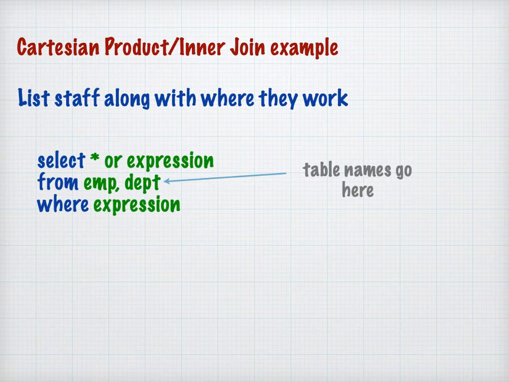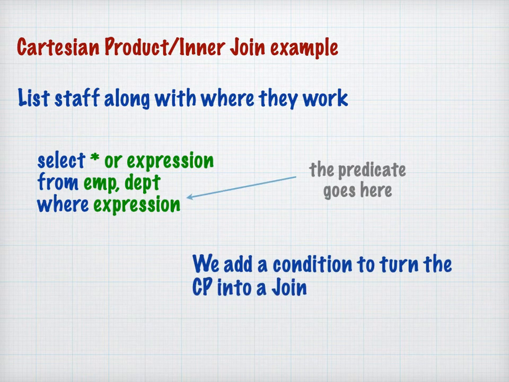Well, we add a selection in exactly the same way that we added a selection to the relational algebra. We're going to add a condition, and that condition will turn the Cartesian product into an inner join. Now we already know the condition, the expression, and we place that after the where clause. It's that one where we're saying the department numbers from one side have to match department numbers from the other side.